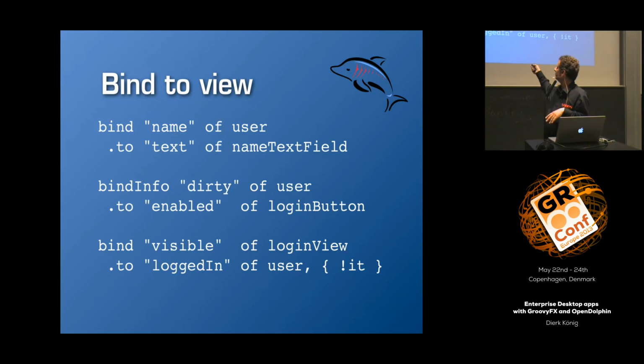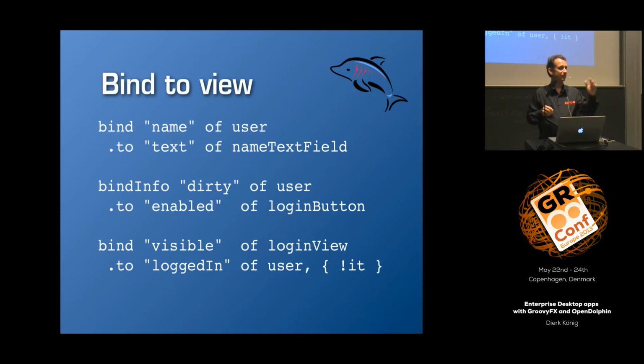You can bind the dirty information of the user to the enable state of the login button. So whenever it gets dirty, you can log in. The button only enables itself when there's some dirty information, because otherwise it makes no sense logging in. That's all it takes to get this running.